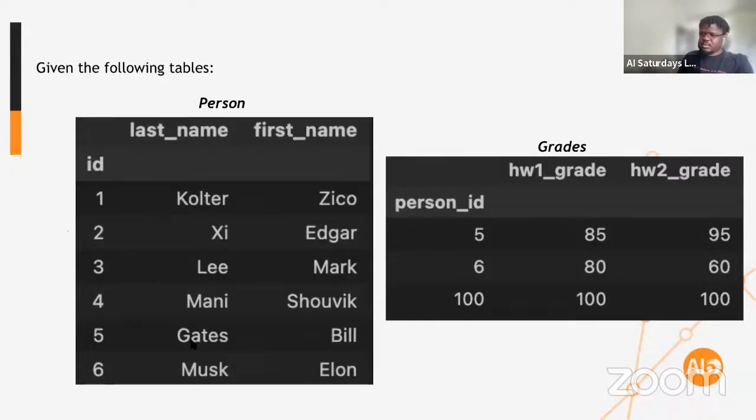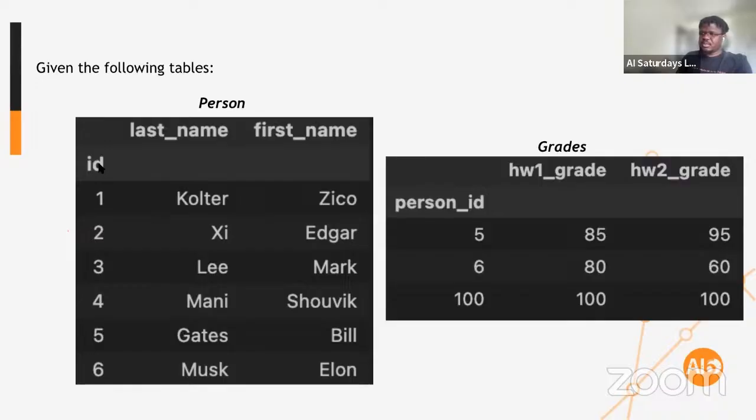So if we look at this, we're looking at rows with IDs 5 and 6, and person ID 5 and 6 in both tables. When we are doing this join, all the columns will be returned, but the records that we're going to get are the rows that are common in person and grade.